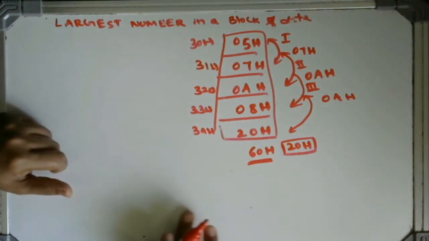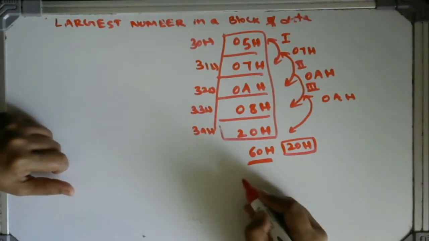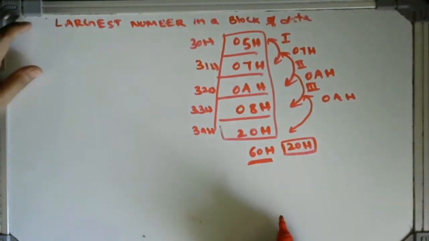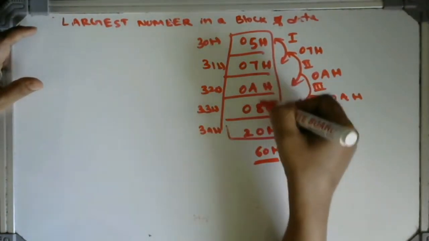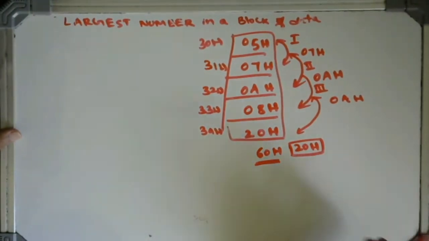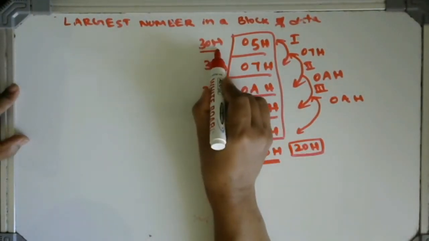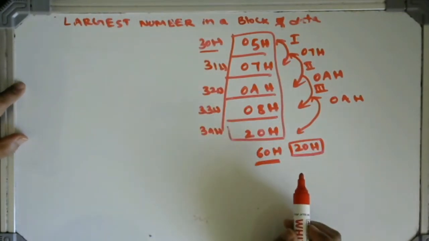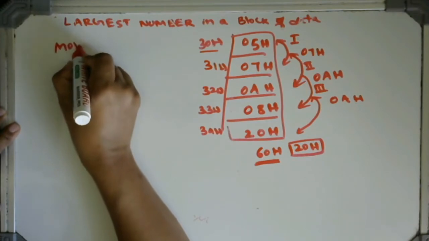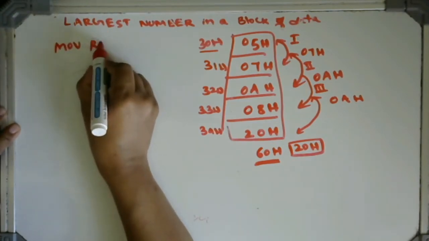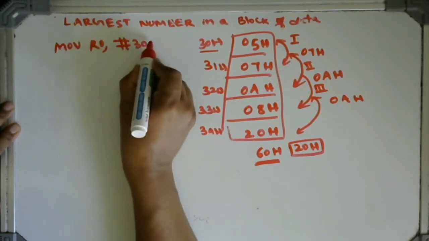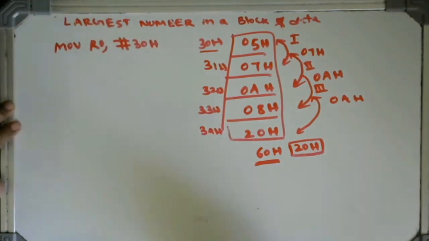Okay, first we'll write the code, and then we'll see what the comparison instruction does. First we need to initialize a counter to point to the data. For that we can use the instruction MOV R0, #30H.